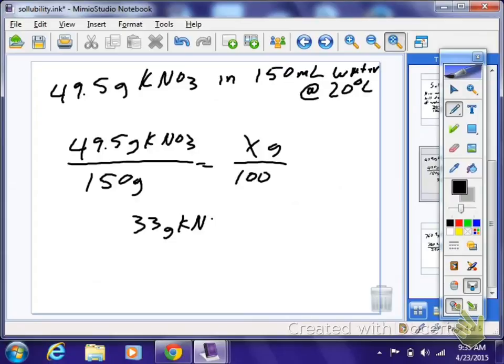Now in the book, what is it? 31.6, so that is greater than 31.6 grams in the book, so it's supersaturated. And if it would be less, then it'd be unsaturated. It'd be the same, it'd be saturated.